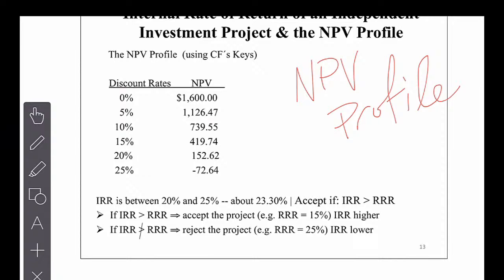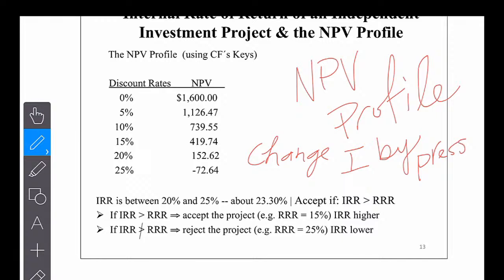So go back and hit NPV, and I comes up. You press NPV, and then you have to enter the new I. Put 5 in there, enter, down, compute.